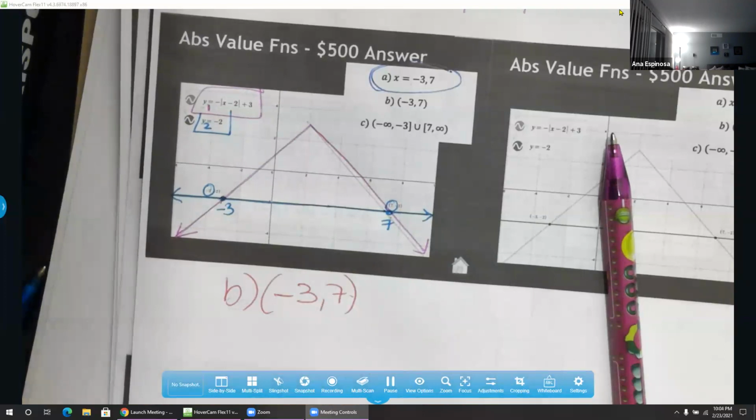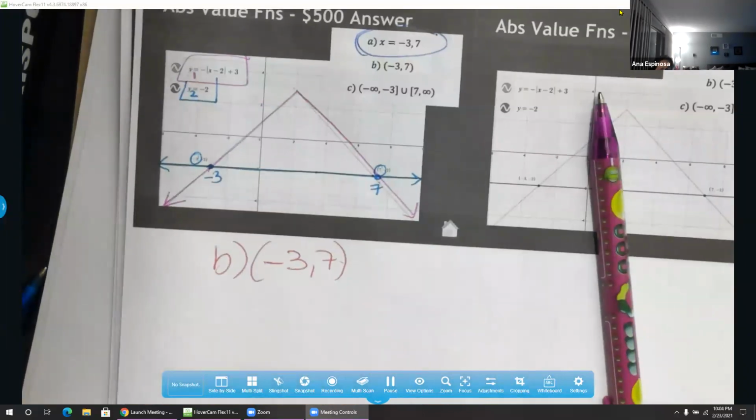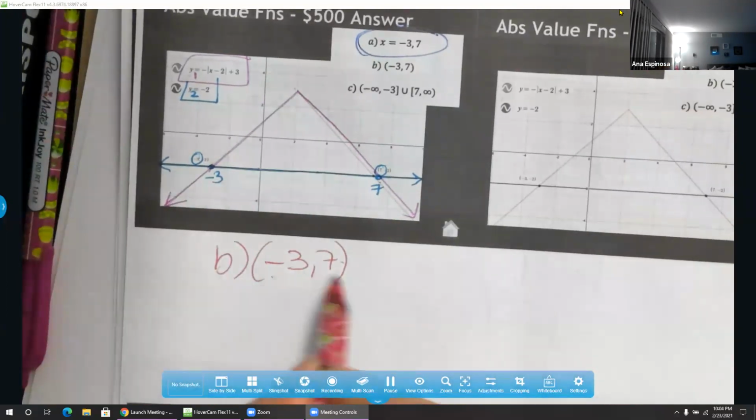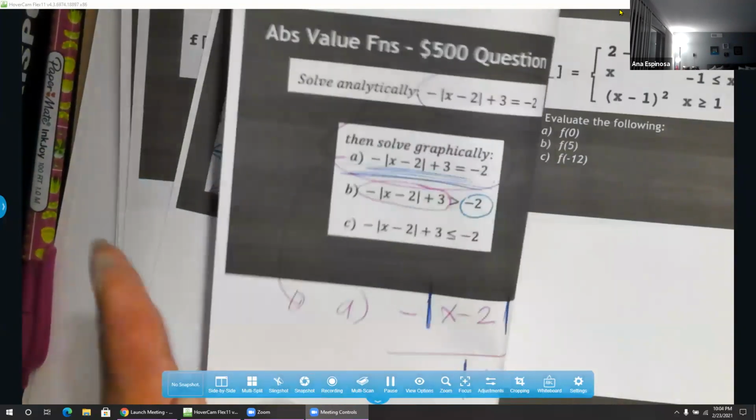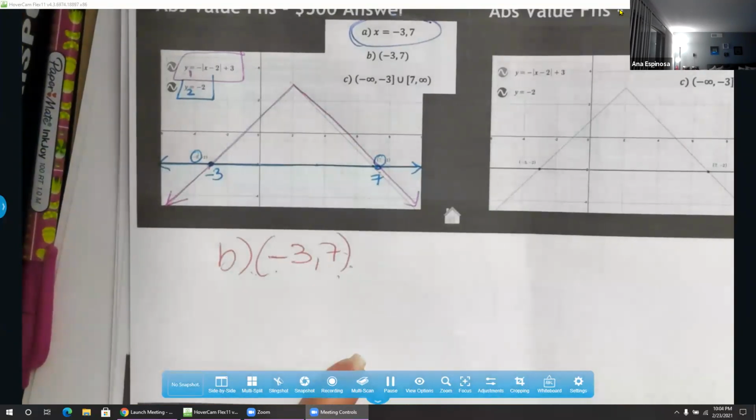You don't really need to include brackets. The reason why you don't include the brackets is because this doesn't have an underline, okay? So that's why you put parentheses.